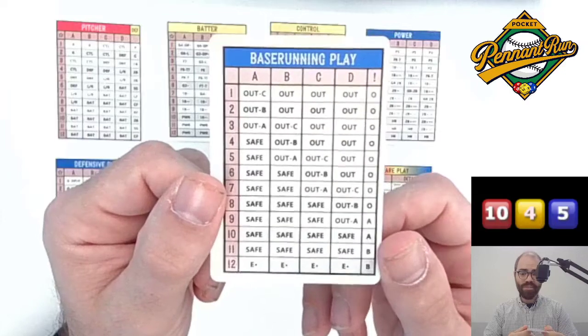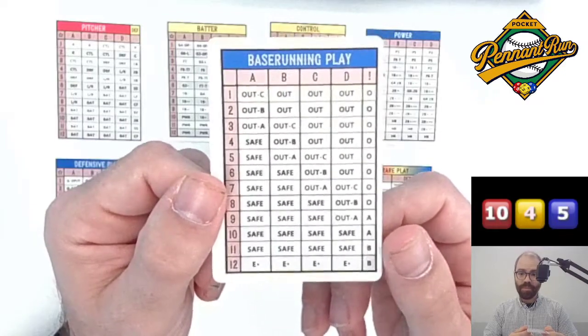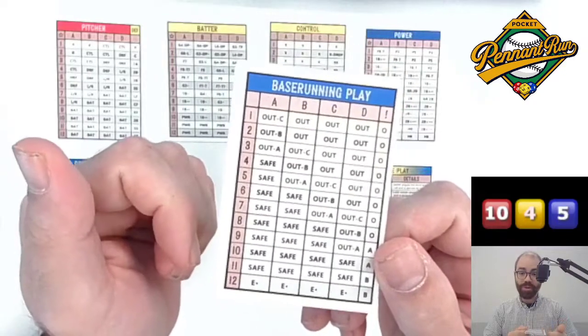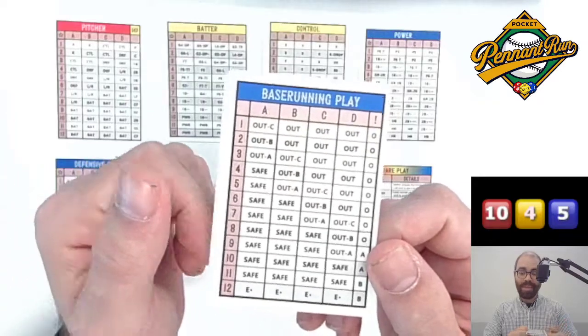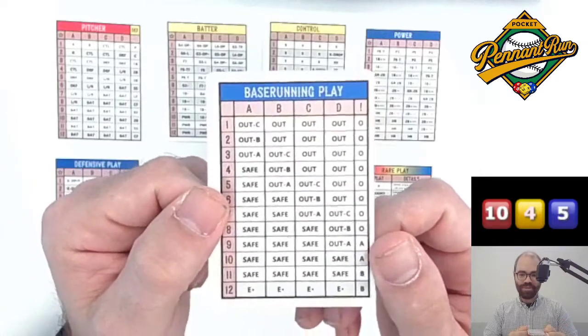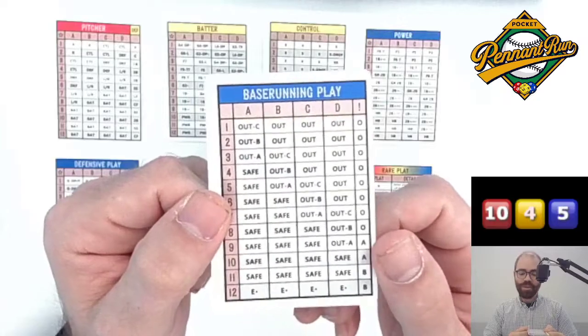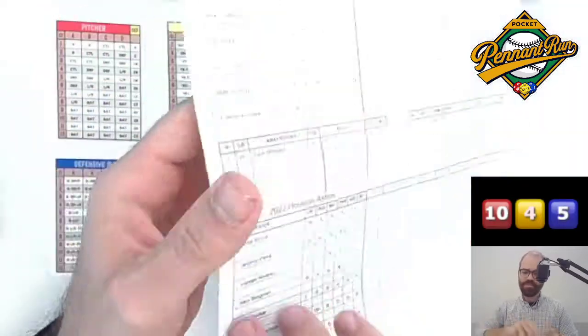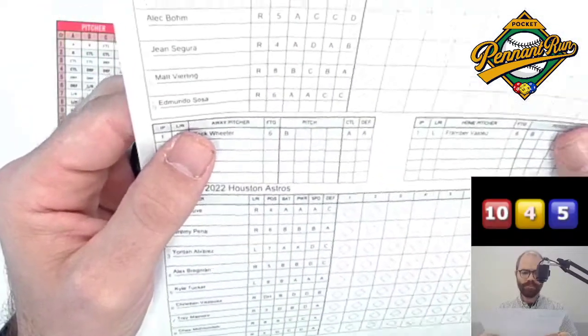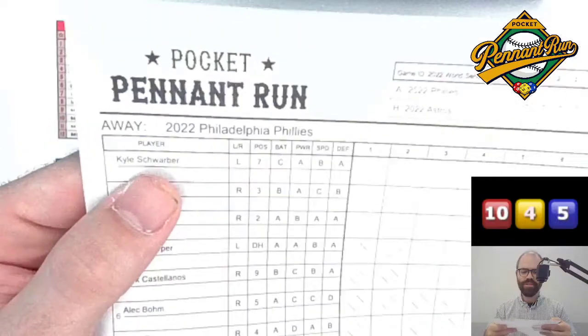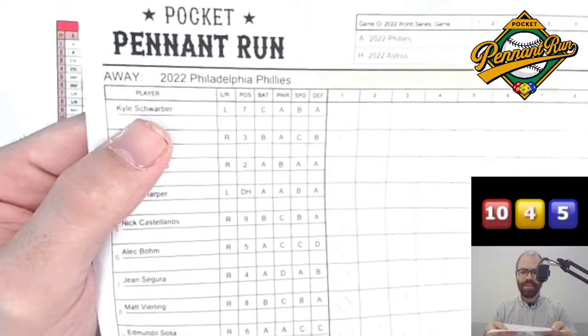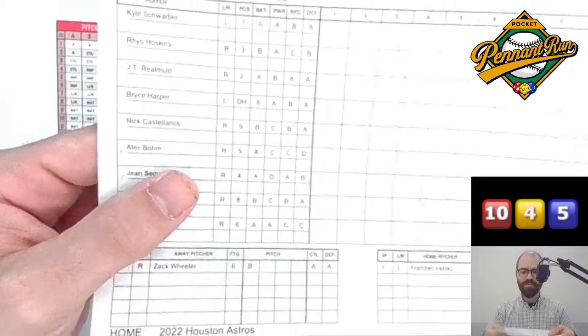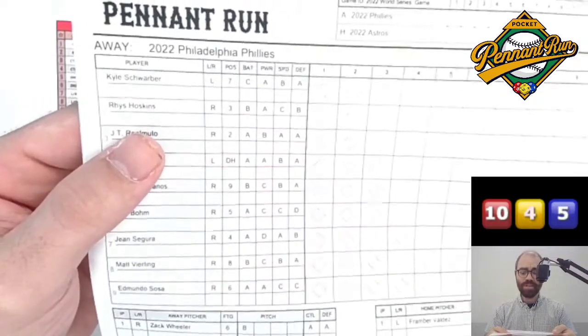When you decide to steal a base, you're going to look at the runner's speed rating in addition to the catcher's defense rating. So let's say, for example, Kyle Schwarber got on base. Let's say he got a base hit, and he is a B speed, and he decides he wants to steal a base.